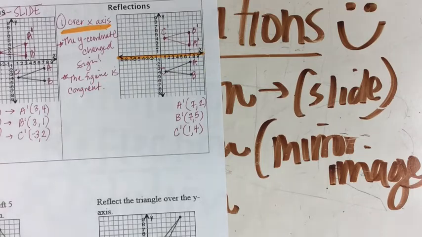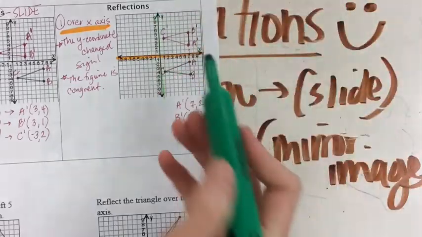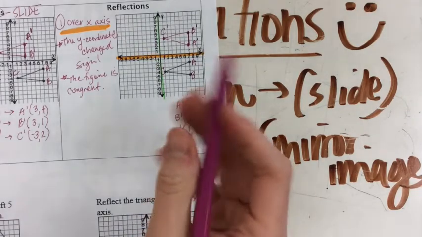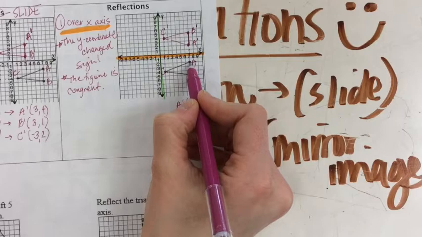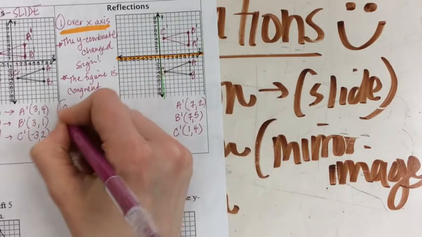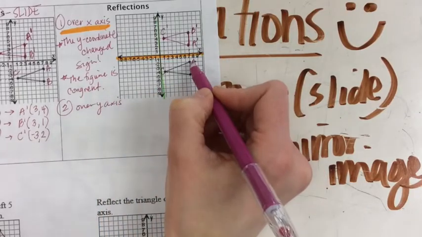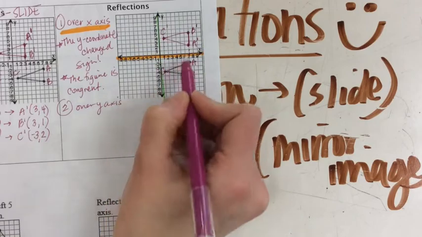Now I want to do the same kind of thing, but I want to look at the y-axis. If I had to reflect over the y-axis, I'm just going to do maybe one coordinate with you guys. I would do the exact same process. Let's say I was looking at A. If I reflected over the y-axis, then the only thing that would change would be the direction I'm moving 7.